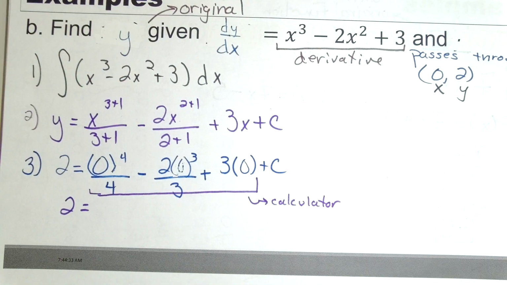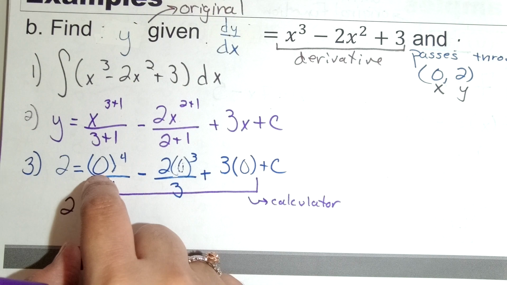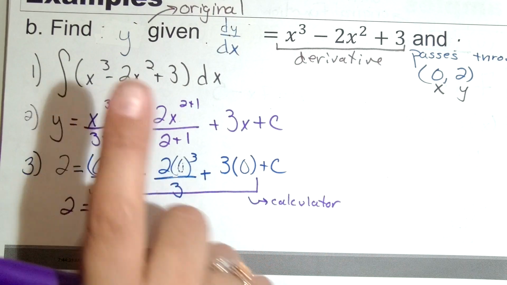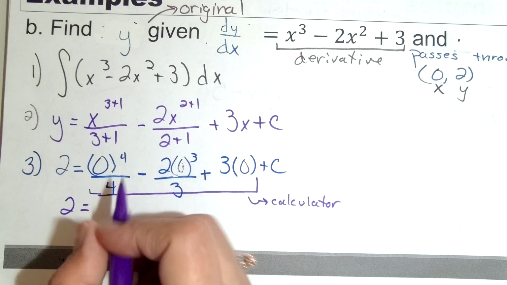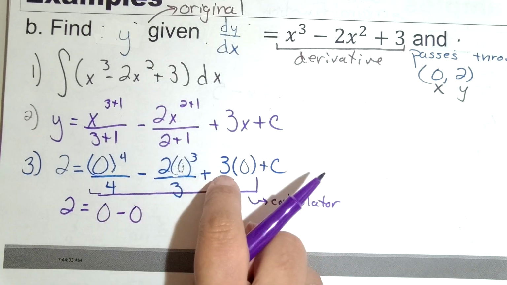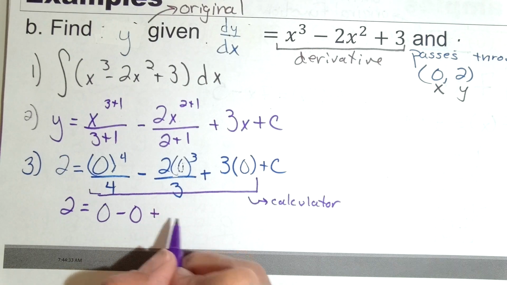Make sure you're using alpha y equals if they're fractions, but that needs to go in your calculator to simplify. This one you don't need to put in your calculator because we have zeros. What is anything divided by 0? What is 0 divided by anything? 0. So this is 0 minus 0. What's 3 times 0? 0.